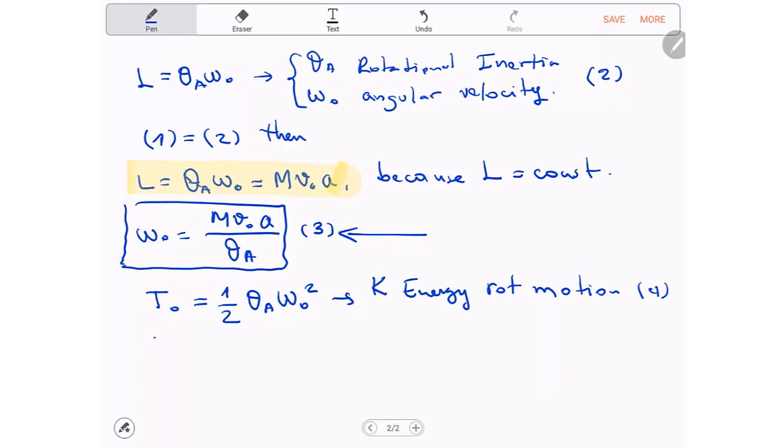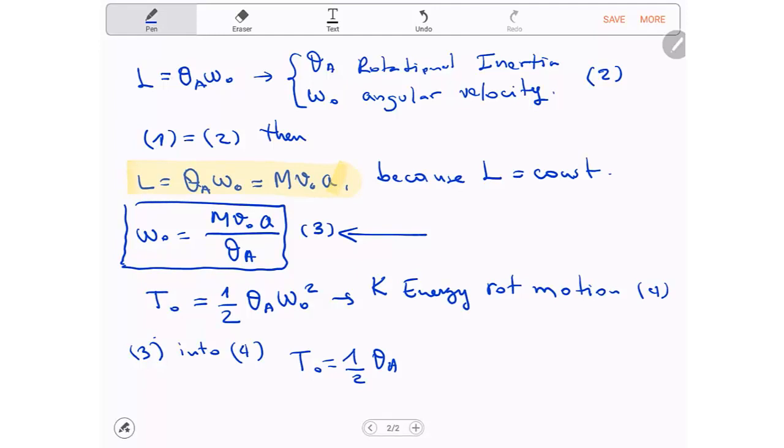So what we can do here is replace equation number 3 into equation number 4. When we do that, we will have that T0 is equal to 1/2 of the inertia multiplying the angular velocity squared.